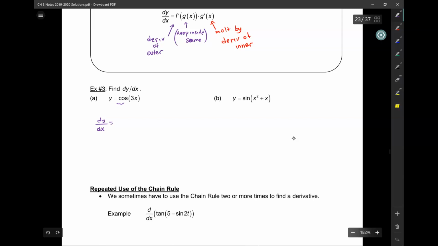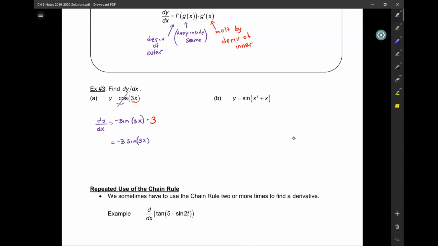I take a derivative of the cosine and I get negative sine 3x. And then just so I don't get confused, I kind of like cross it out. And now I need to find the derivative of the inside, so times 3. So that'll get me negative 3 sine 3x.